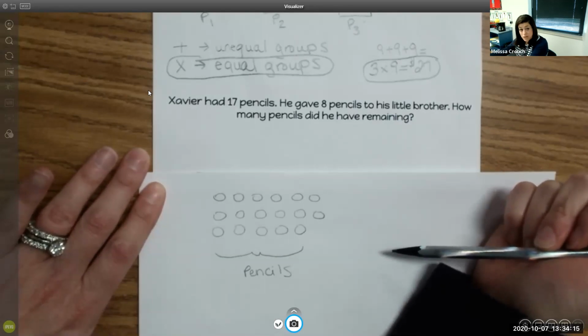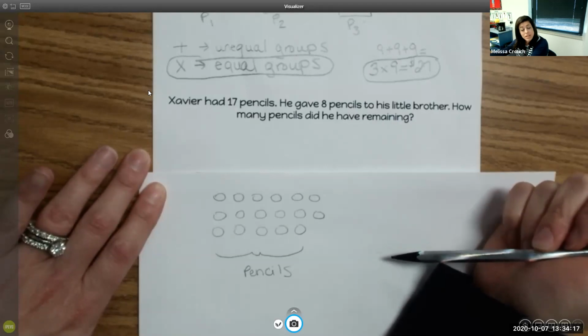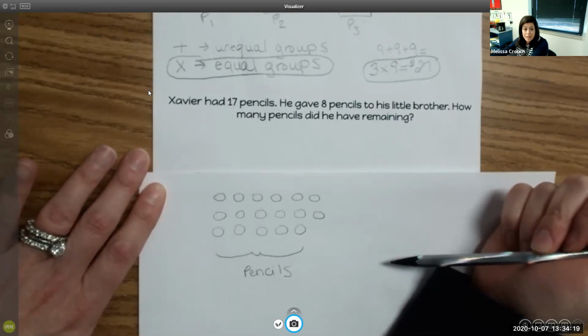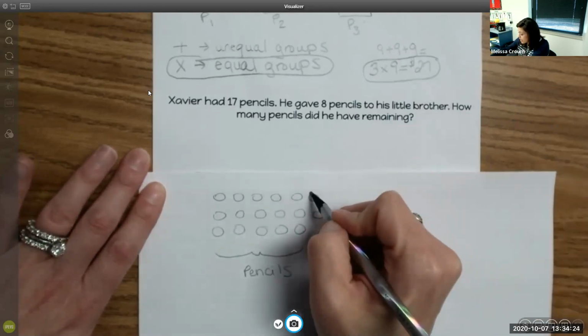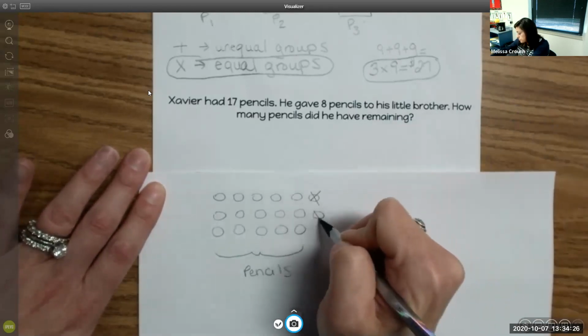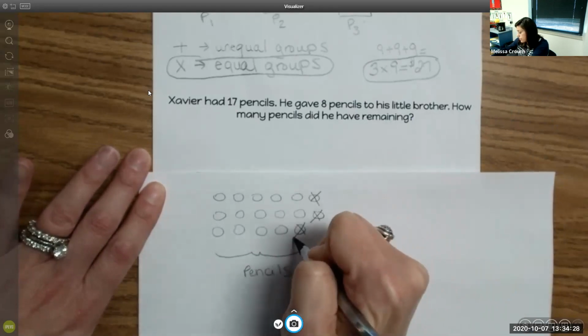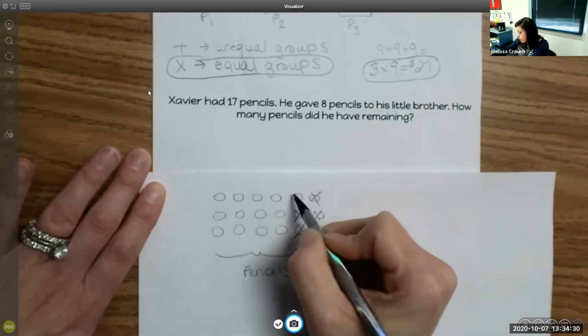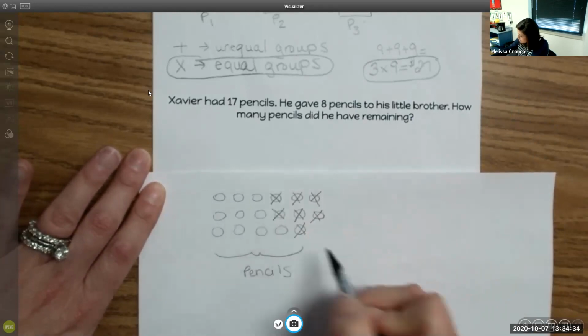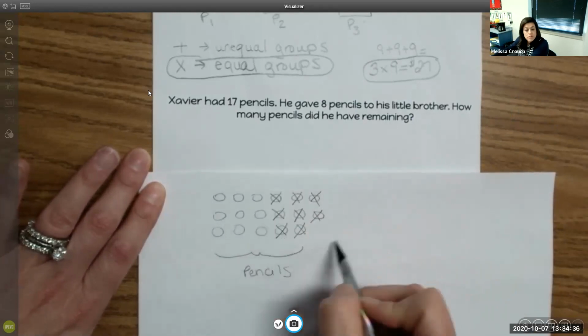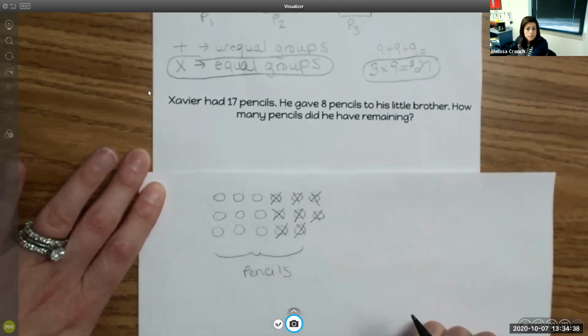I'm going to be subtracting, okay? So I need to take away 8 pencils. So I'm going to do that by crossing out 8. 1, 2, 3, 4, 5, 6, 7, 8. So I took away 8 pencils.